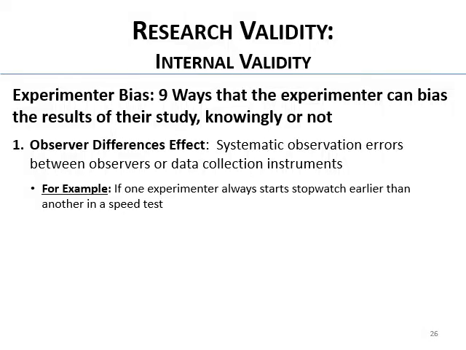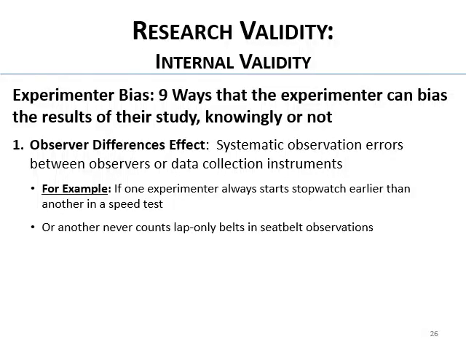So let's say, for example, in your study where a stopwatch is used, one of your 2 data collectors just tends to start the stopwatch a little bit earlier than the other data collector. You've got what we call an observer difference effect, and so you will find a difference in times anyway between your groups if you look at the folks who got that particular experimenter versus the others.